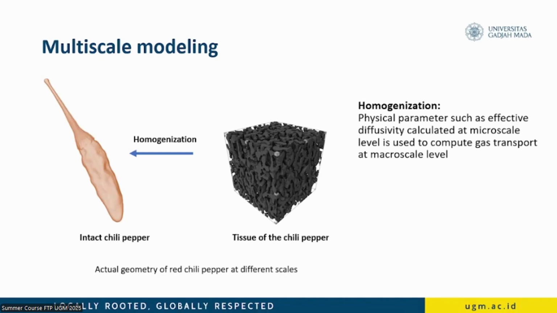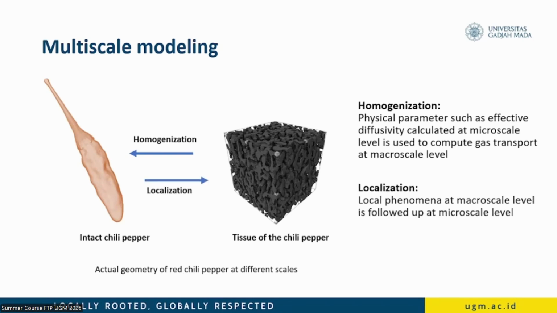In multi-scale modeling, we know homogenization, where physical parameters such as effective diffusivity calculated at the micro scale levels are used to compute gas transport at macro scale levels. And localization, where local phenomena at the macro scale levels are followed up at the micro scale levels.